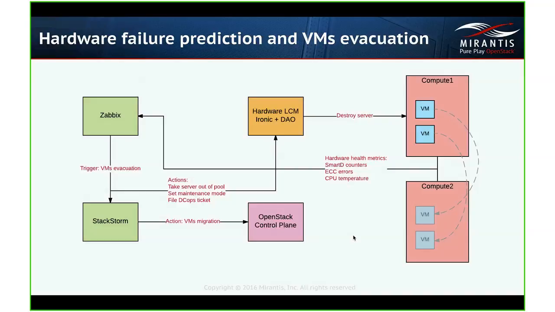If one of these tests fails, it means for us that something is going on with this server, and it's probably better to evacuate all the VMs to a good node. So Zabbix triggers an event in StackStorm, and StackStorm again has a bunch of actions to recover this problem. First, it goes and disables the hypervisor, so no one else will provision resources on top of it. Then it can migrate all the VMs from the bad node.